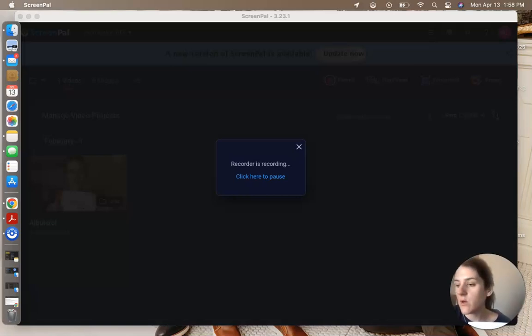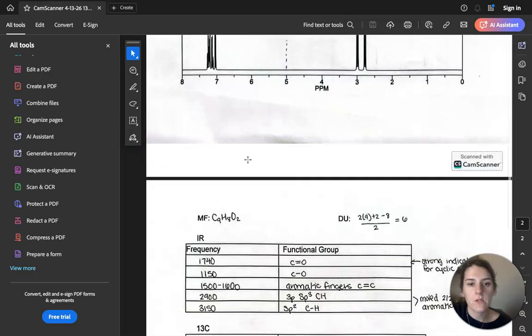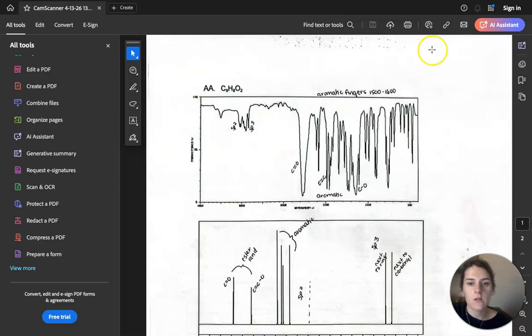I'm going to be going over some spectra to elucidate a structure. Here's my name. All right, and my group is AA. Okay, so here are our structures.